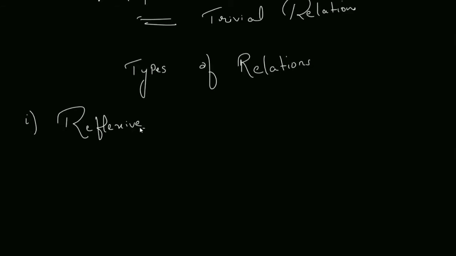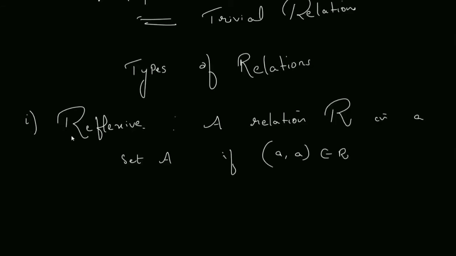So what is reflexive relation? A relation R in a set A is reflexive if (a, a) belongs to R for every a belongs to A. This, every a belongs to A, is very important.